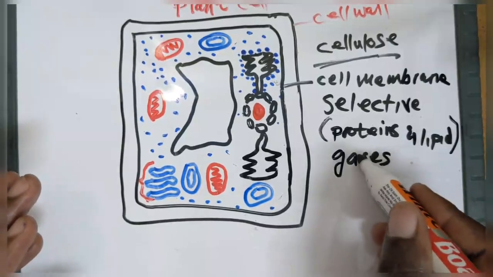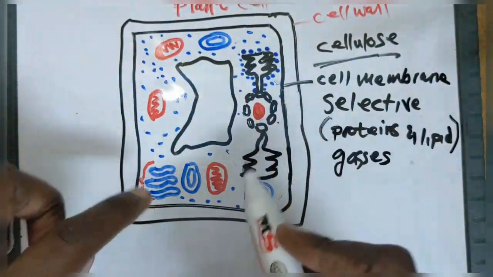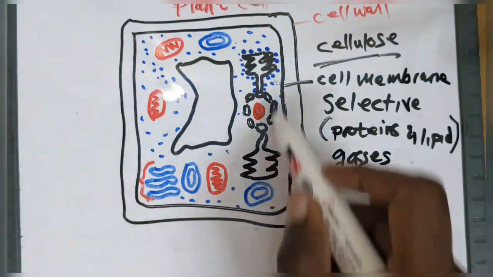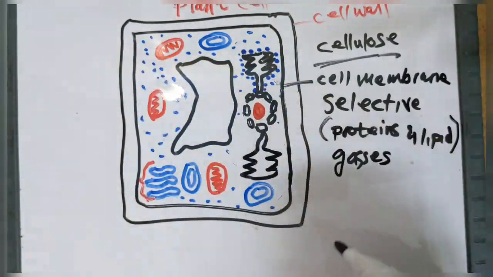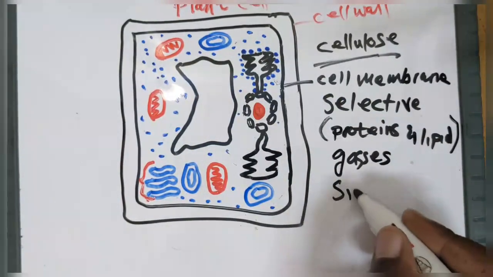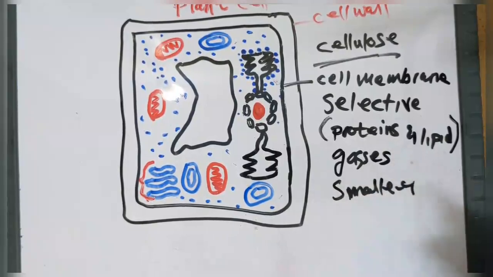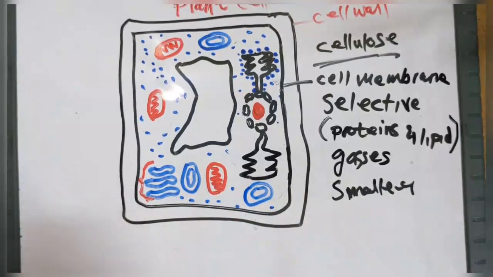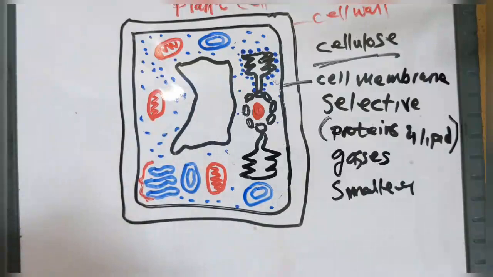The gases can enter the cell membrane and leave it, and even go inside, because they have smaller particles, or should I say smaller molecules. Gases like oxygen and carbon dioxide enter this cell and leave the cell.